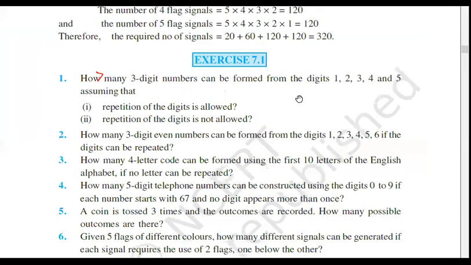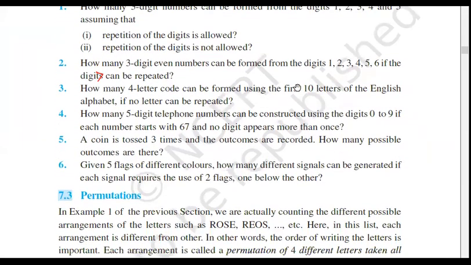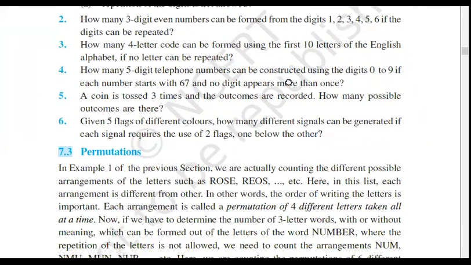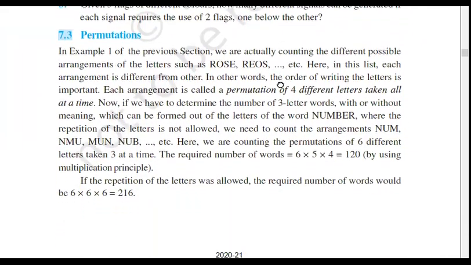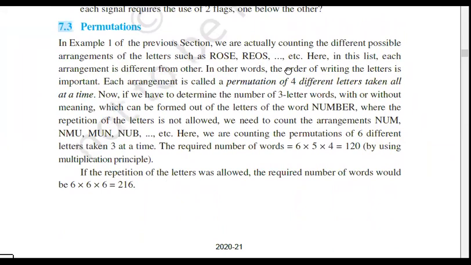Okay. So the next concept is permutation. So we will understand what is the meaning of permutation, right? So see, when we talk about permutation, what is permutation? Permutation is nothing but the number of ways of selecting anything as well as arranging that thing.